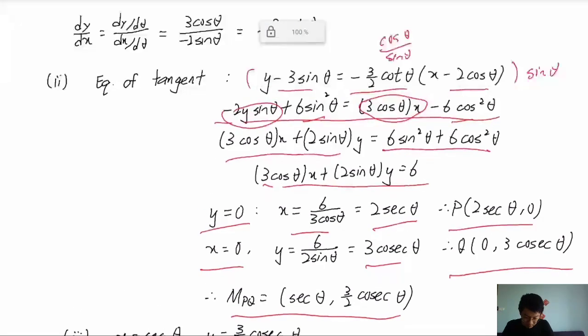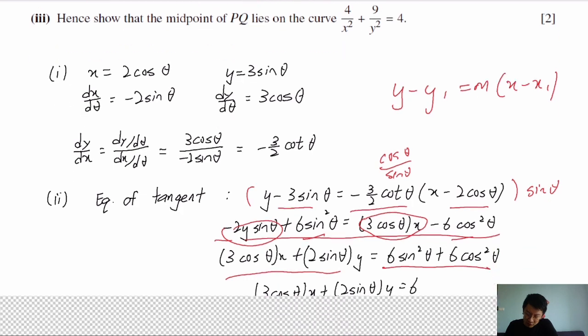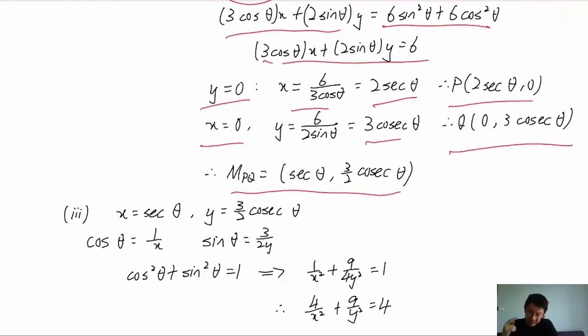Alright, so for part 3, hence show that the midpoint of PQ lies on the curve 4 over x squared plus 9 over y squared is equal to 4. What happened there is we have the midpoint, which is our x and y coordinates, but the x and y coordinates actually depend on the value of theta.